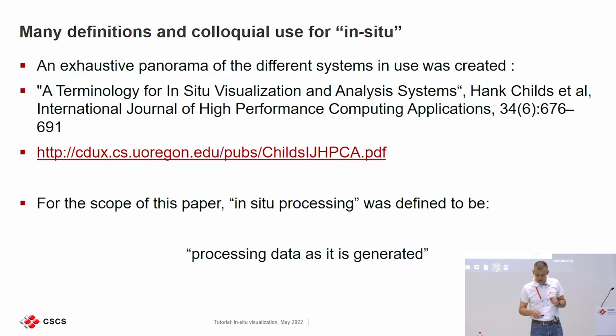A couple of years ago, Hank Childs from the University of Oregon grouped together about 50 of us to write a paper, a taxonomy of in situ visualization systems. That's this paper, which you can download at this address. In this paper, we said in situ processing is everything where we process the data as it is generated.